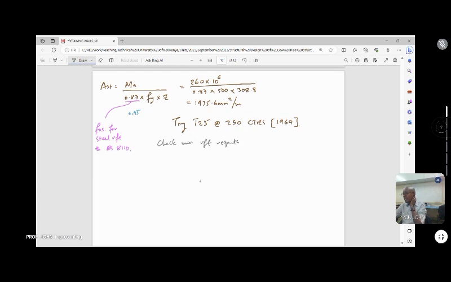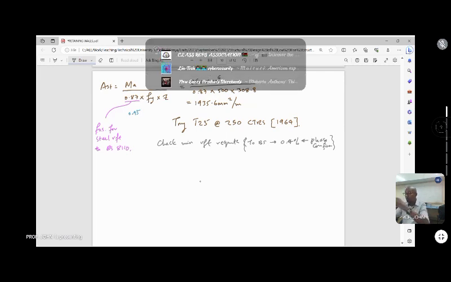So let me check this against 0.4%. What I know is that this is true for columns. It's 0.4% minimum, and to the Eurocode is 1% minimum, so it's more than double.